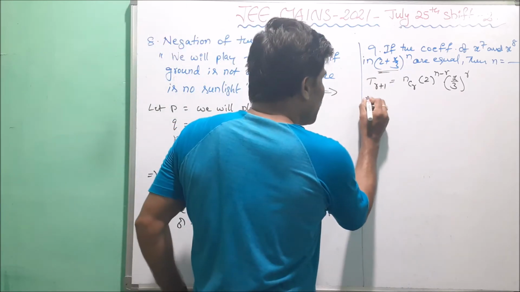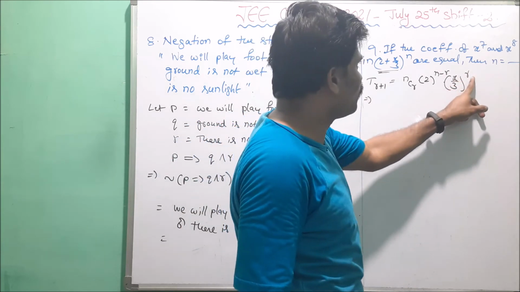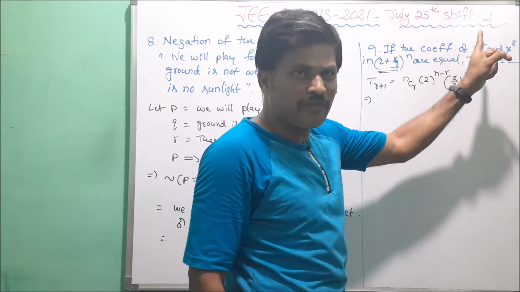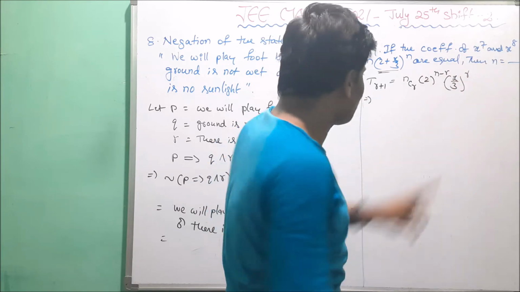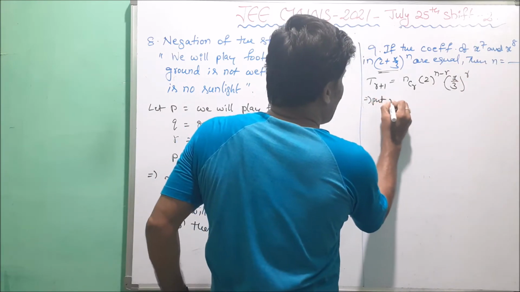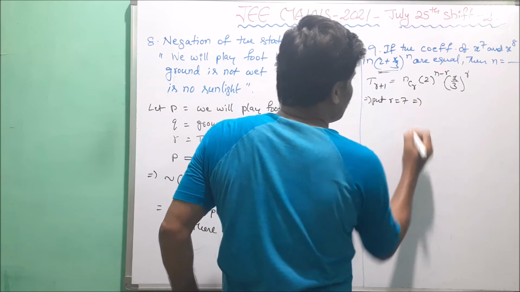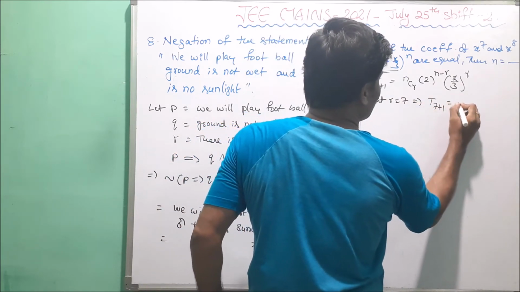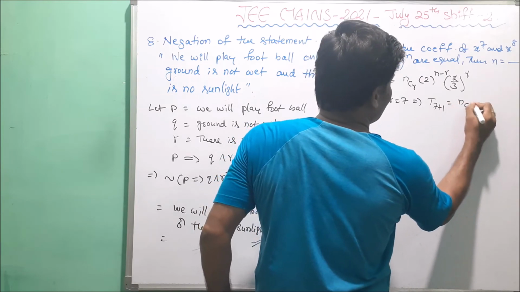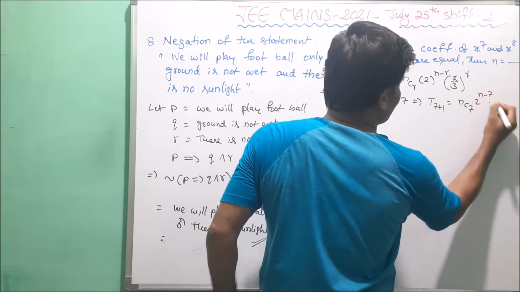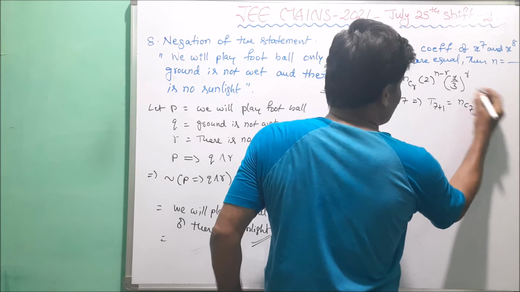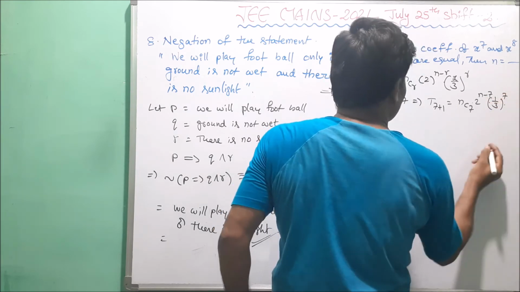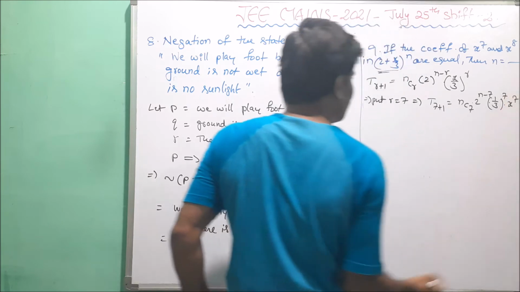So in that we take r equal to 7, to find coefficient of x power 7. Put r equal to 7. Then we write t 7 plus 1 equal to nC7 2 power n minus 7 into 1 by 3 whole power 7 into x power 7.